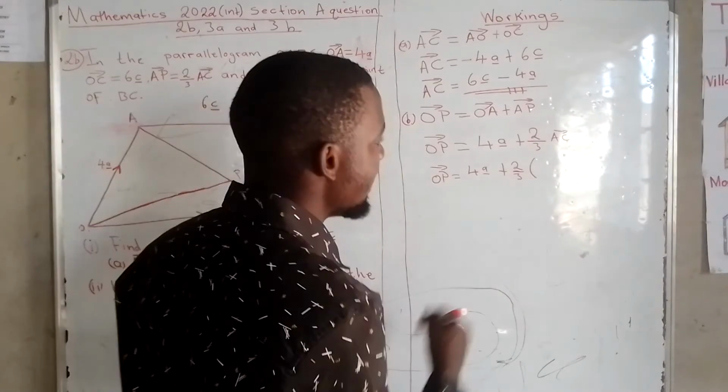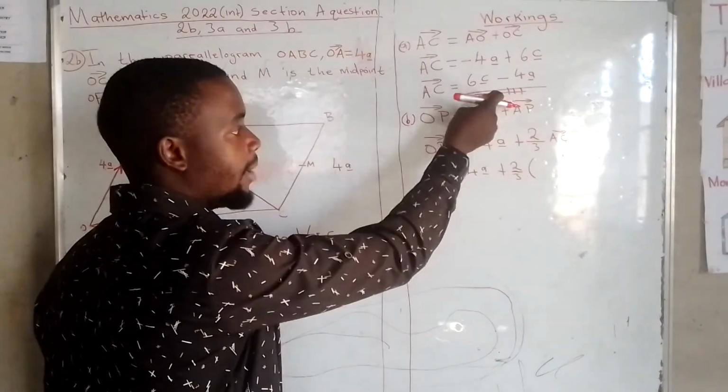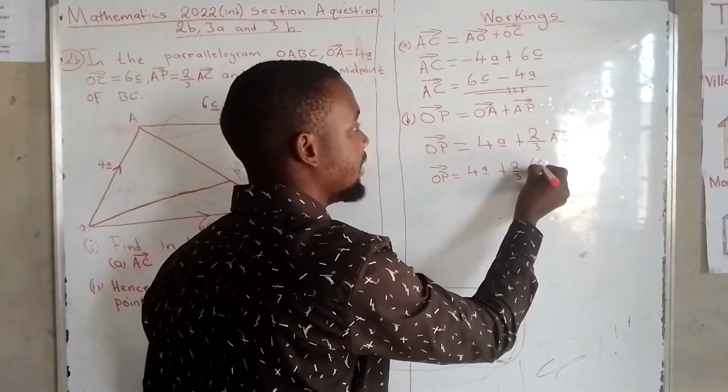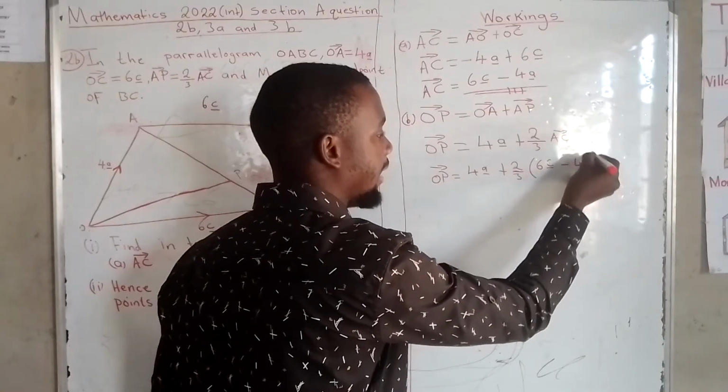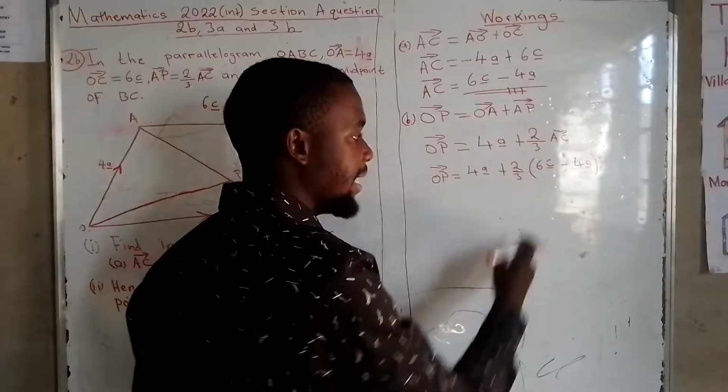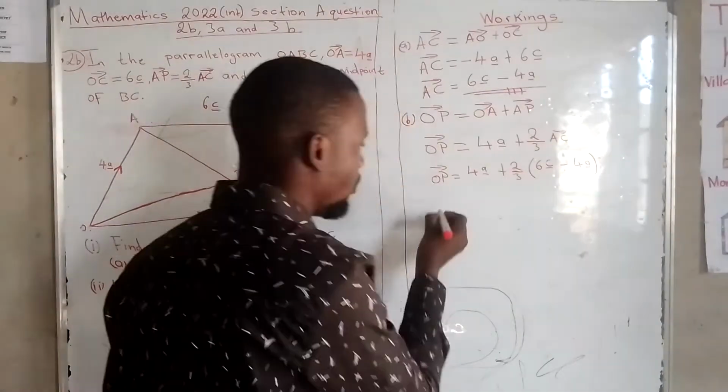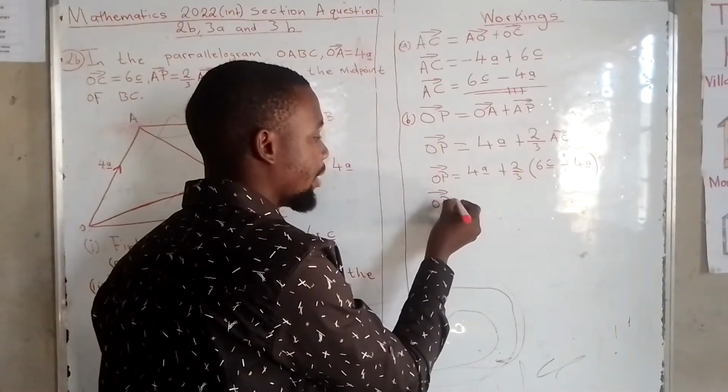So AC, that is the one which we found in the previous question. It was 6 vector C negative 4 vector A. This was AC. Then you can multiply throughout.